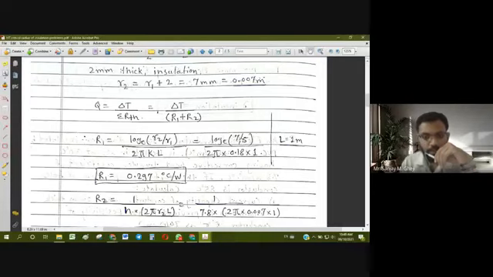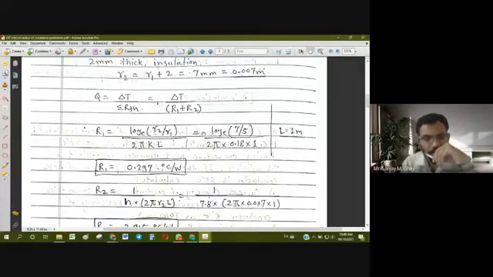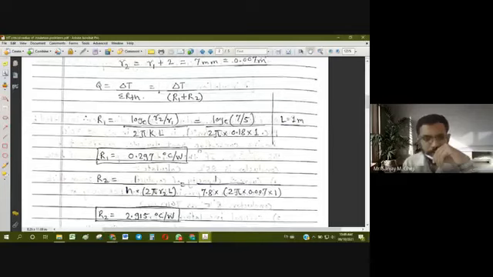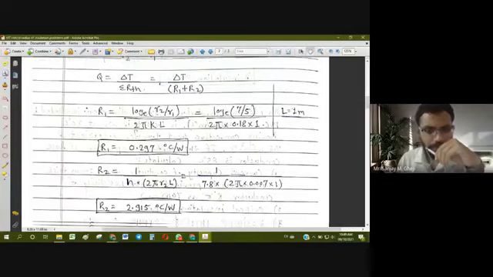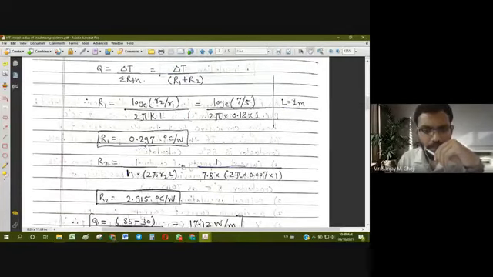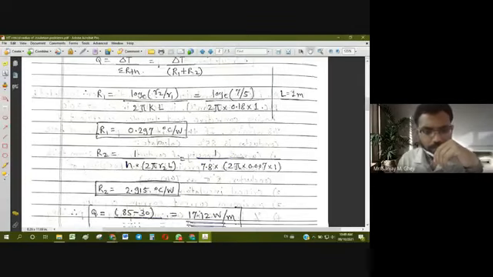Since this is a ratio, units will not matter, because you can put millimeter or meter in both numerator and denominator. So ln of 7 by 5 divided by 2 pi, k is 0.18 as given, and let us consider length to be 1 meter. It is actually not given in the problem; whenever it is not given, we can assume it to be unity, so per meter. So R1 is 0.297 degrees Celsius per watt or Kelvin per watt.